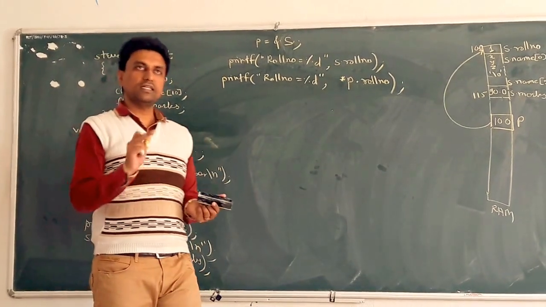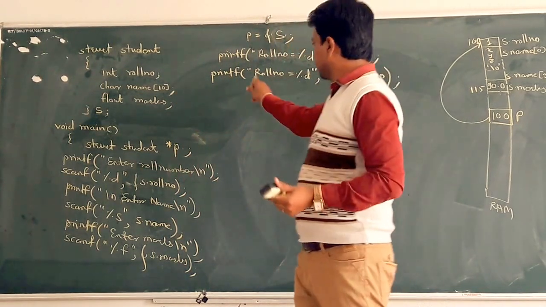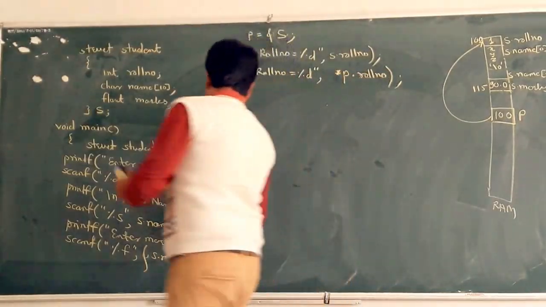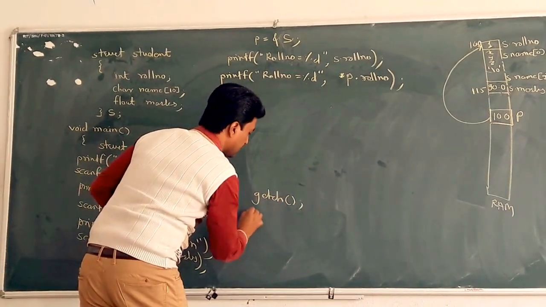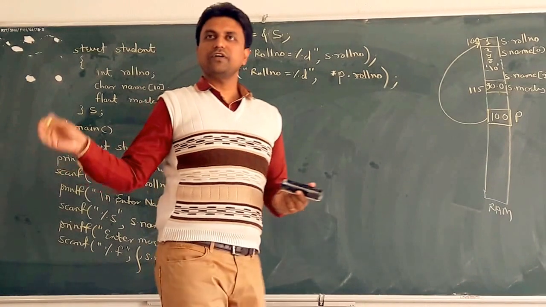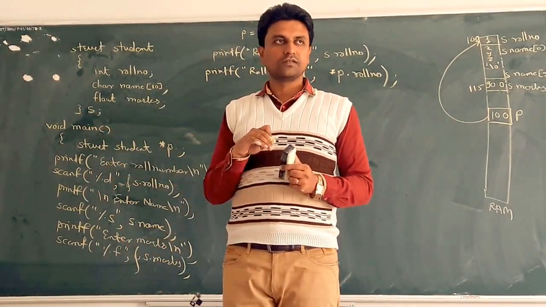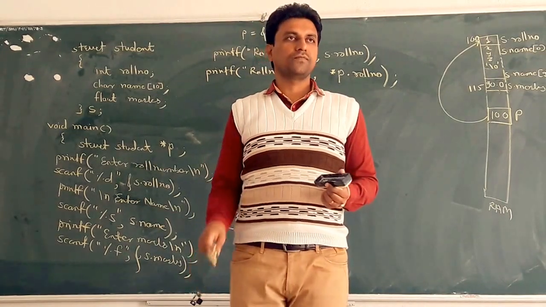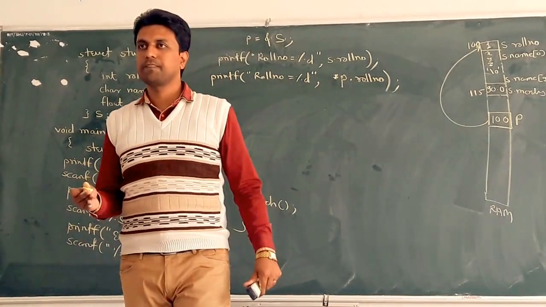But there is a problem. If we complete it, we only want the roll number, so after that just write getch and complete the main function, save this file as structure pointer dot c, compile it, run it. What happens? There is one error. This line gives you an error. Why?